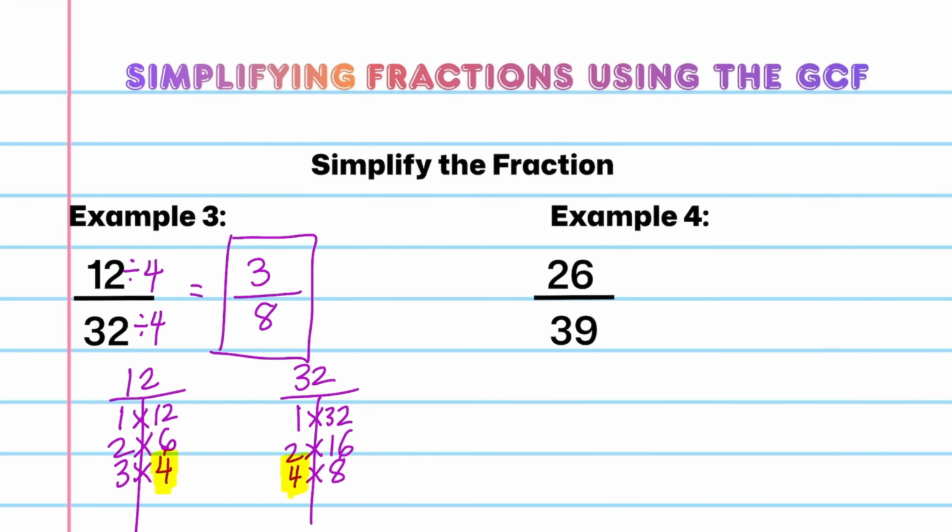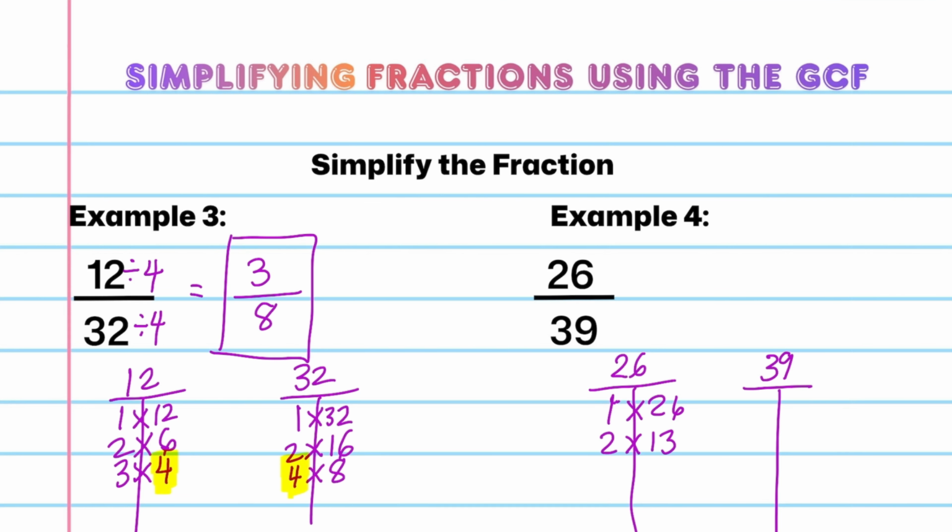Let's look at example 4. We have 26 and 39. I'm going to list the factors of 26, list the factors of 39, and identify my greatest common factor. The factors of 26 are 1 times 26, 2 times 13, and I believe that is it.